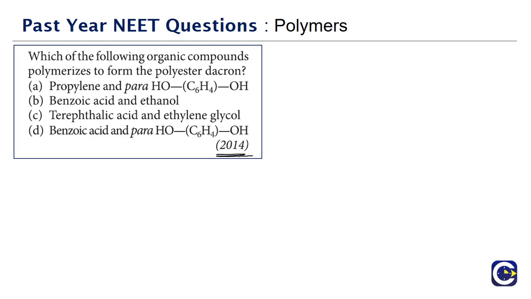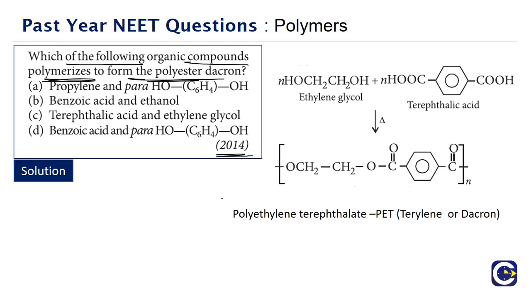Next we have a question that came in 2014. Which of the following organic compounds polymerizes to form polyester Dacron? Dacron is the commercial name for the polymer that is prepared from ethylene glycol and terephthalic acid.